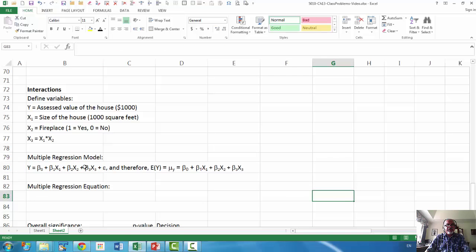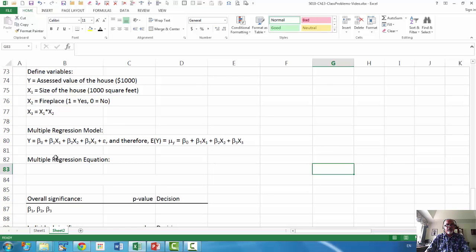You have three x's: x sub 1 and x sub 2, and x sub 3 is the product of x sub 1 and x sub 2. So our multiple regression equation will be of this form. We have three slope coefficient estimates, and of course you have b sub 0 also.